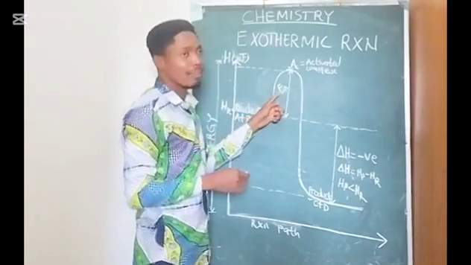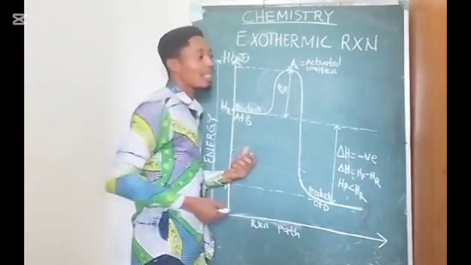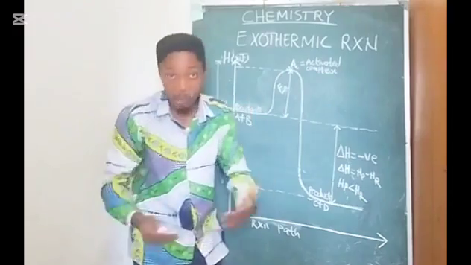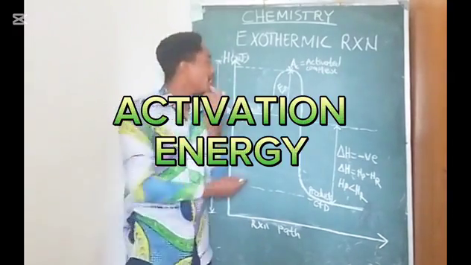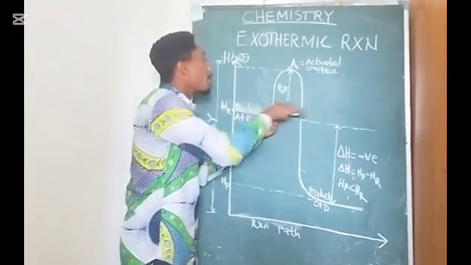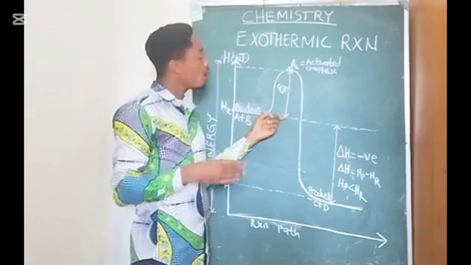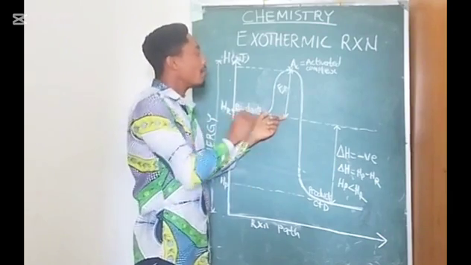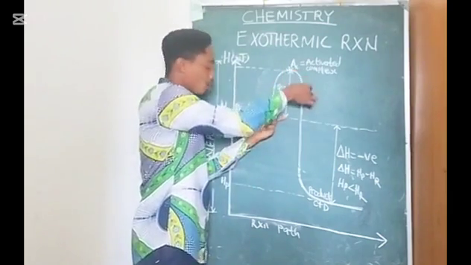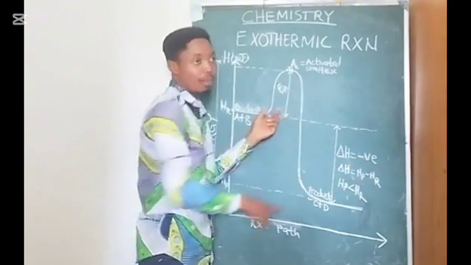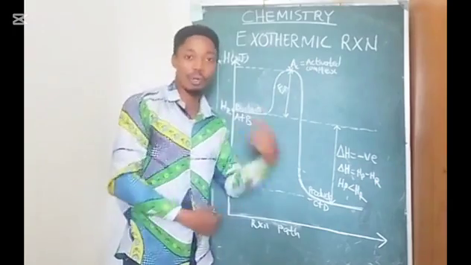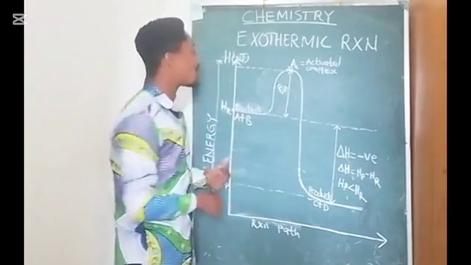This energy of activation is also called the energy barrier, also called the activation energy. The activation energy is the maximum amount of energy required for a chemical reaction to occur. For a chemical reaction to occur means that the reaction takes a path through which products are formed, because if the reaction occurs, products are formed.